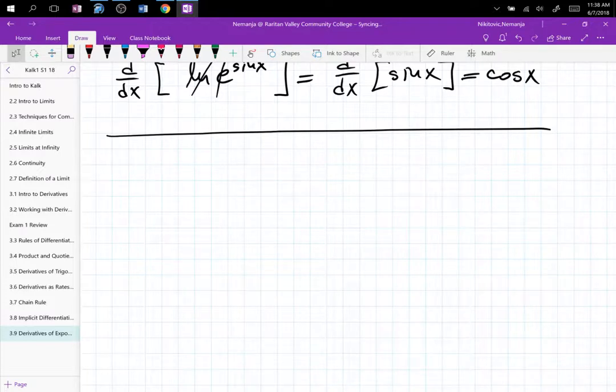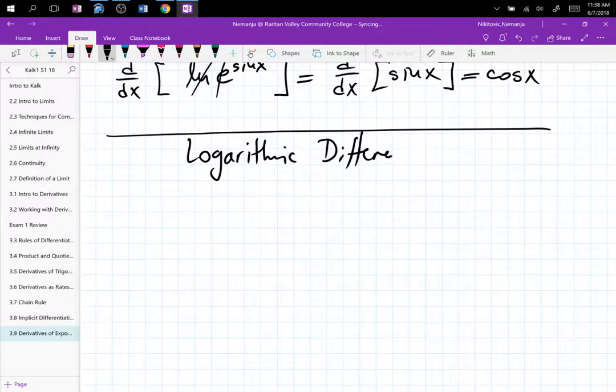So, logarithmic differentiation. I'm not sure if any one of you attempted the problem from yesterday that I told you that you can play with in about 30, 40 minutes, right?